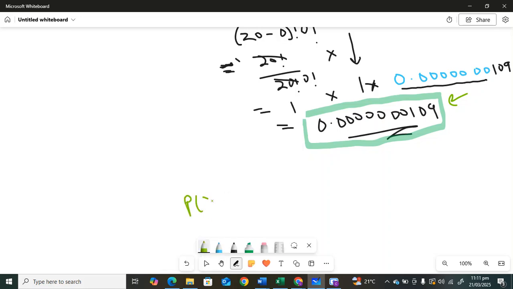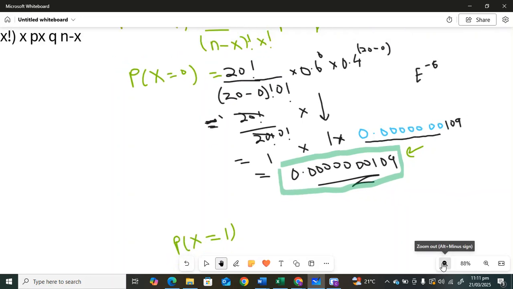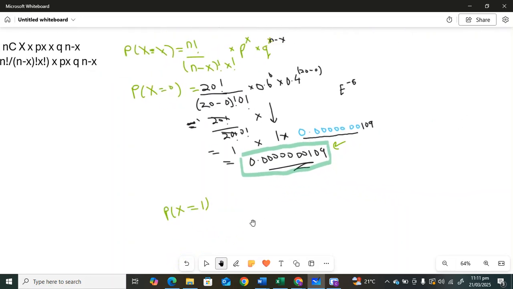In the exam, don't attempt this question if you haven't yet understood, because it will take you a lot of time.